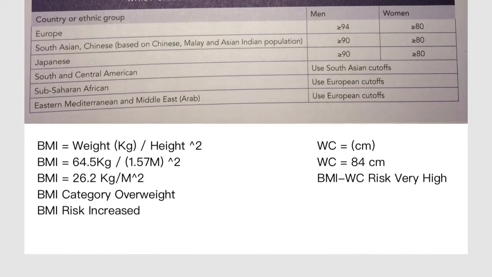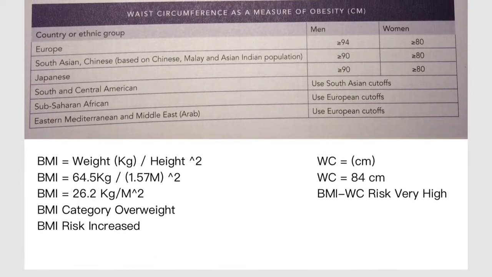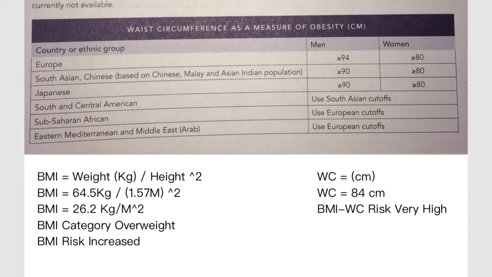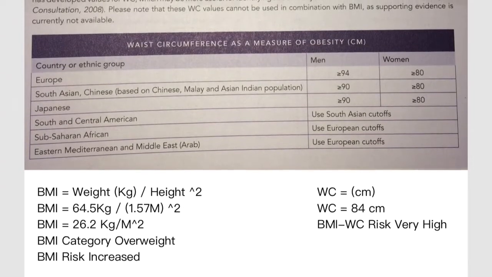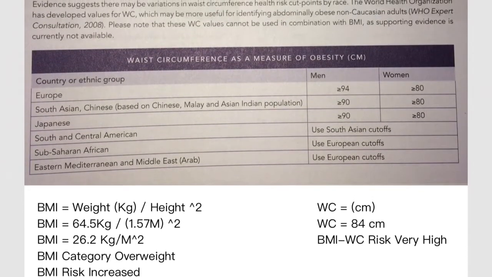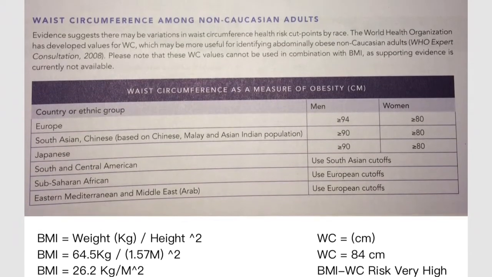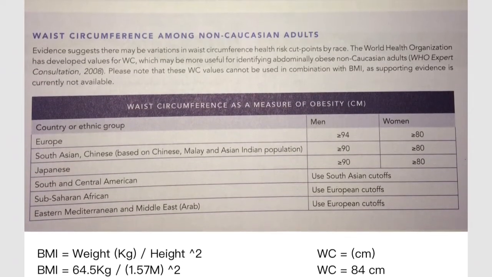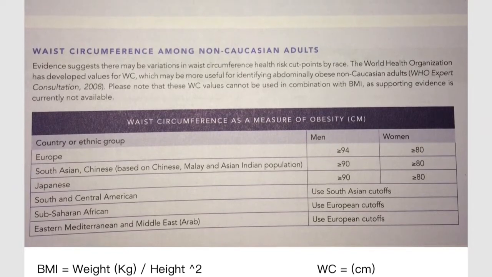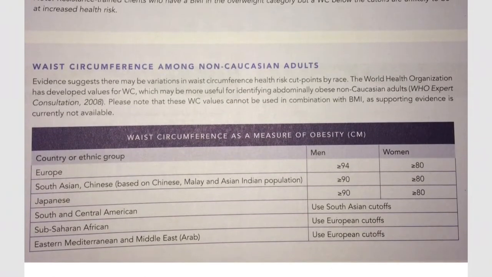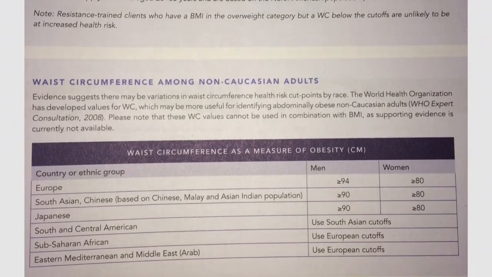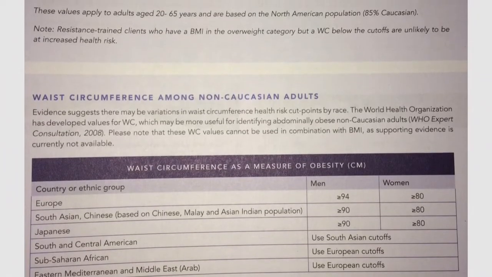From the body composition assessment, we were able to calculate Mom's BMI and Mom's waist circumference. BMI is weight divided by height squared. We found Mom's weight to be 64.5 kilograms divided by 1.57 meters squared. That gives Mom a BMI of 26.2 kilograms per meter squared.